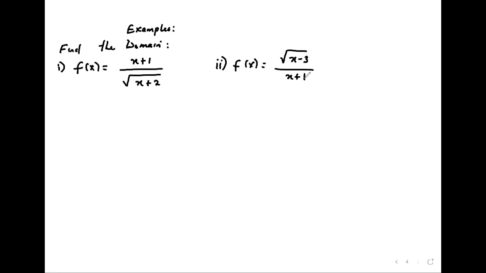So let's see what we do. For the first one, the domain will be x such that the denominator is not equal to 0. But because the denominator is inside the root, there's a root in the denominator, we'll say x plus 2 should be greater than 0. We'll just remove the equal to.